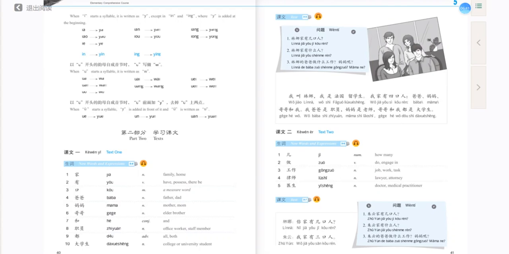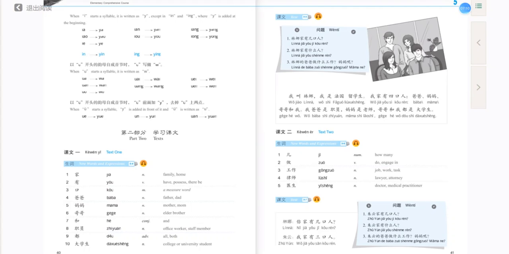The next one, 做, means to do, to engage in. Like 做工作, to do a job, to engage in a task. We can use 做 and 工作 to make a question, like what do you do?